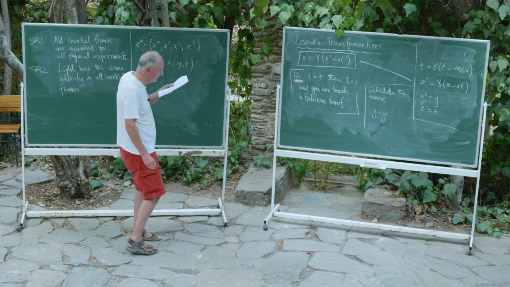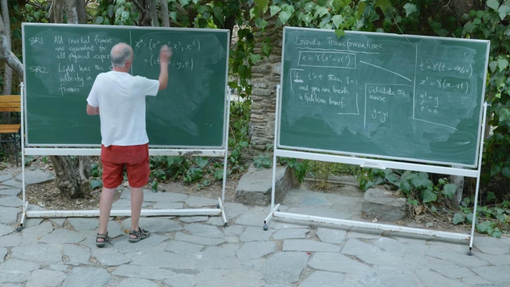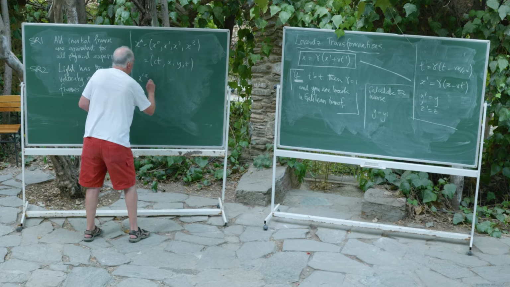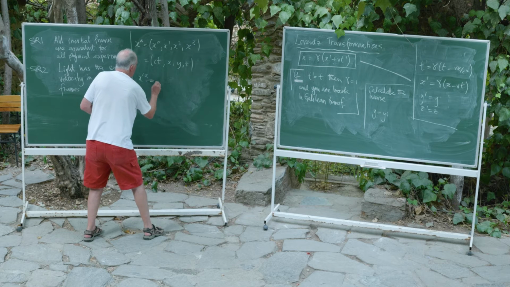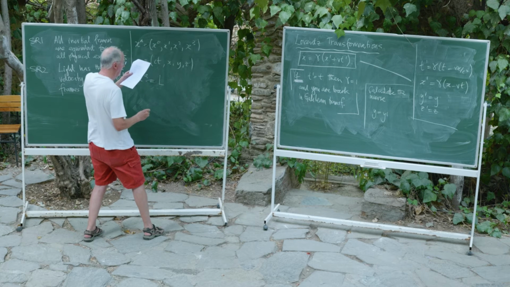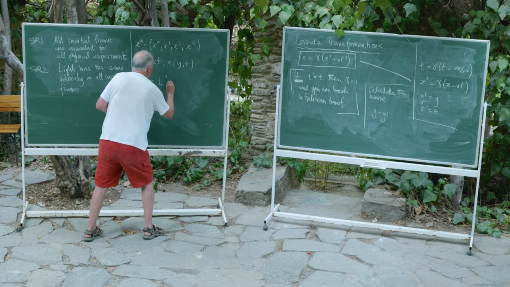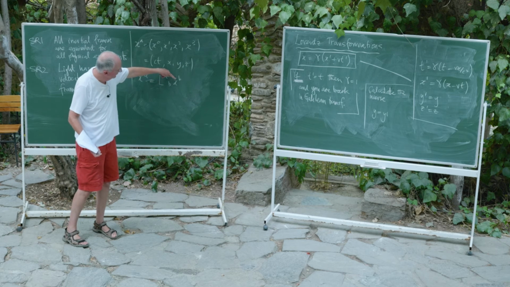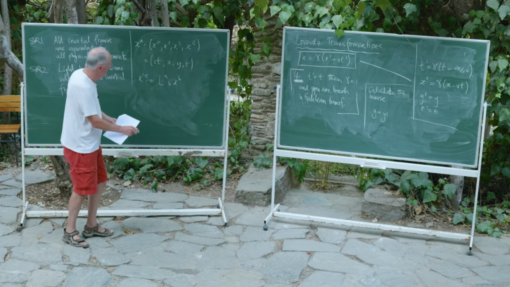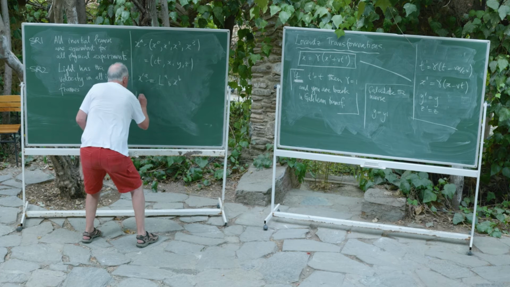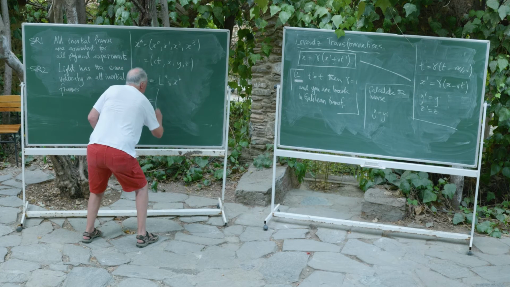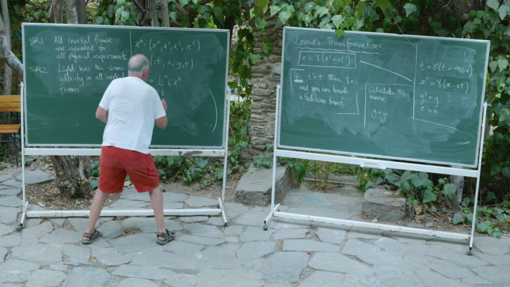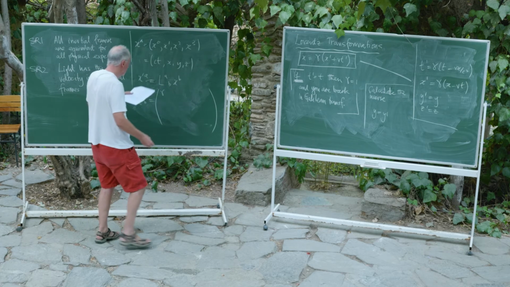And in terms of that vector notation, we can write that x dashed a is a matrix, which I've written L, a, b, times x, b. So I'm using summation on that index in the usual way, where that matrix L is this. It's easy to check by looking at those equations.